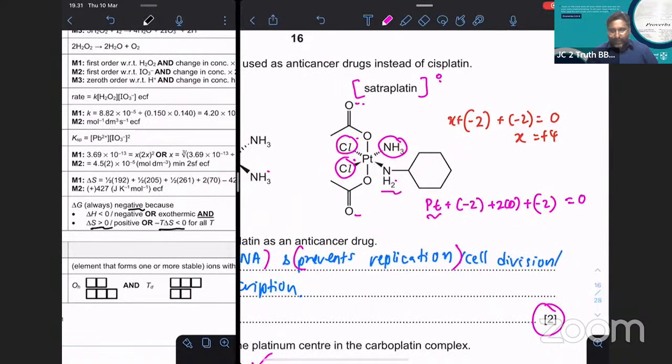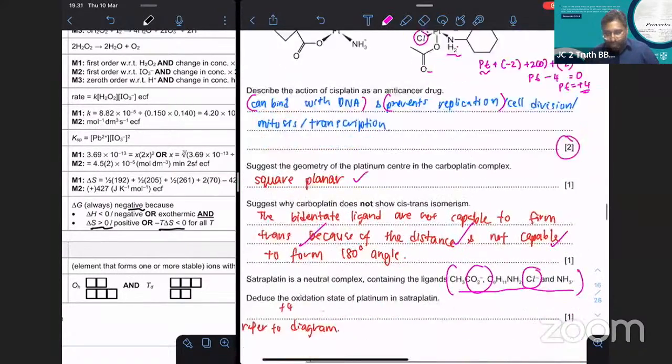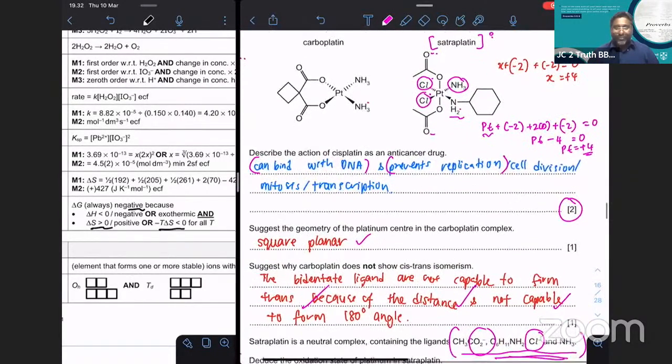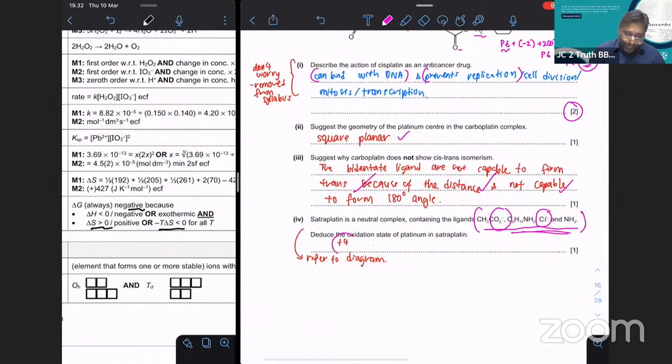So I can find out the oxidation number for platinum: platinum minus 4 equals 0, so platinum is +4. If you miss out and just take it like this alone, you might actually get +2. It's not +2, it's +4. Refer to the diagram. Very, very important. Don't make that kind of mistake, even though it's 1 mark.